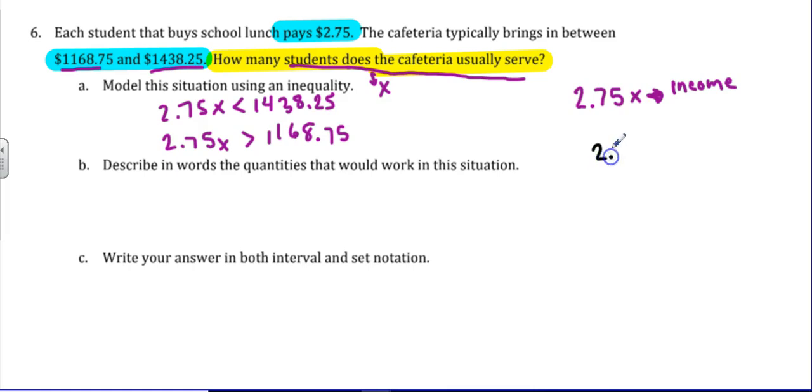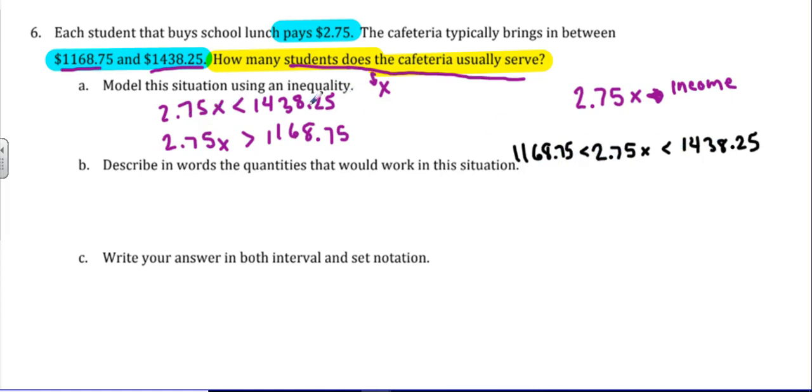So we can write these as two inequalities, or we could write a compound inequality, which means that we would take this 2.75x and put that it has to be less than 1,438.25. At the same time, it has to be greater than 1,168.75. So this is a compound inequality. It uses the two different symbols, and this means the same thing.